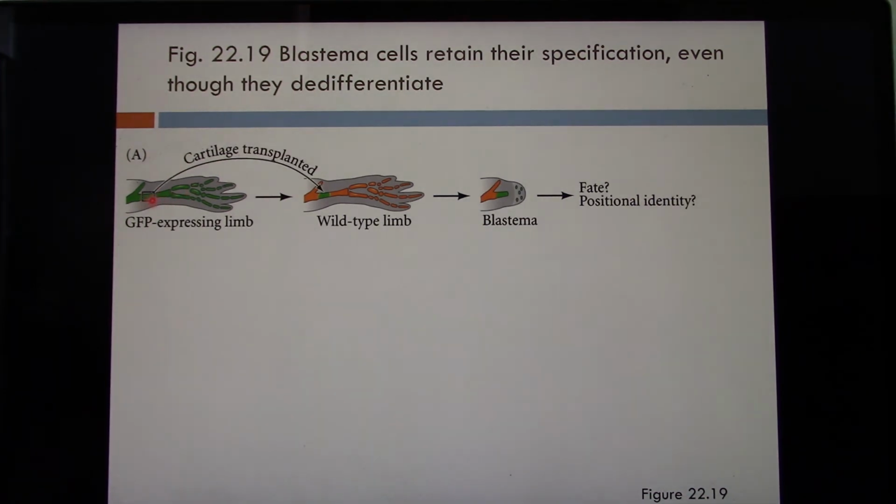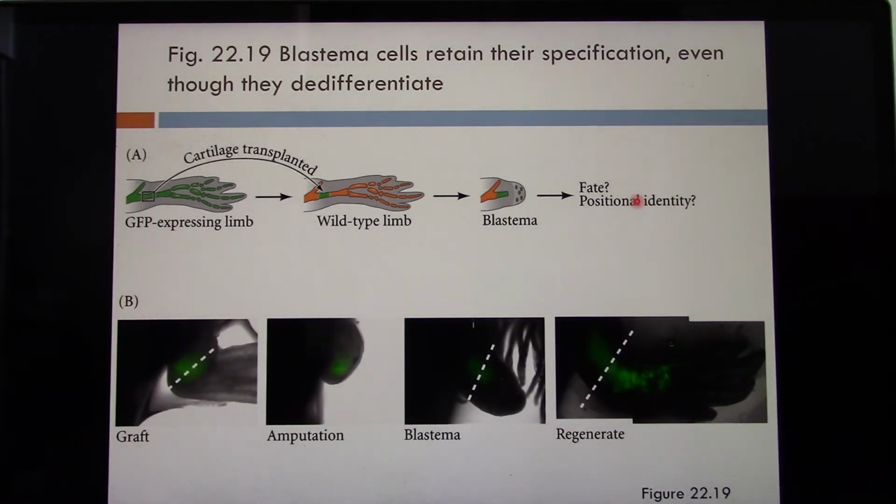And they took a piece of that cartilage and they transplanted it to a wild type organism. And then they cut off its limb right there, and a blastema formed. And then they wanted to ask, what kind of cells do we get out of there? And so the only ones, remember, that are labeled green are the cartilage cells.